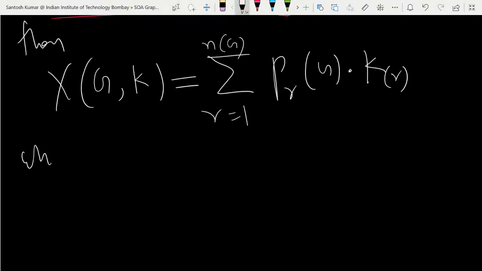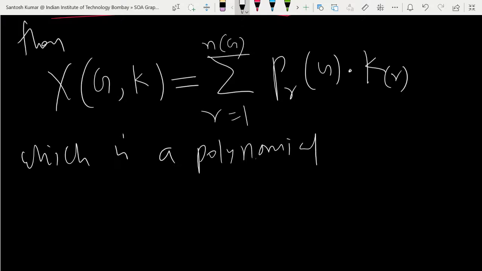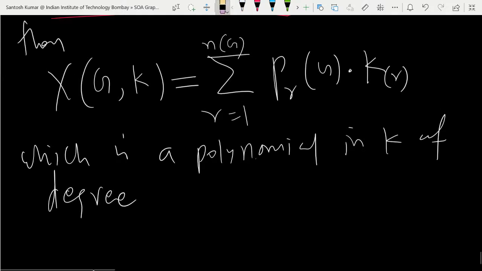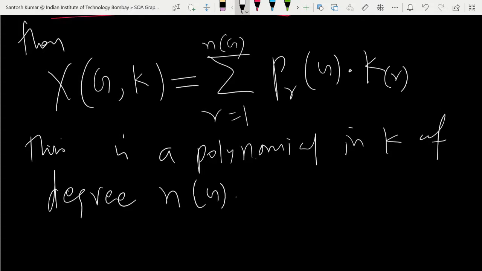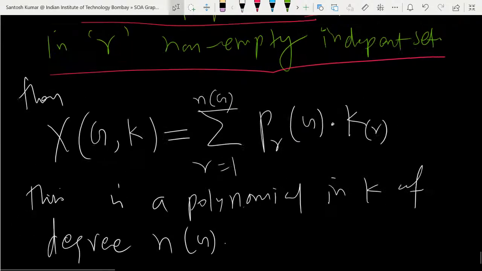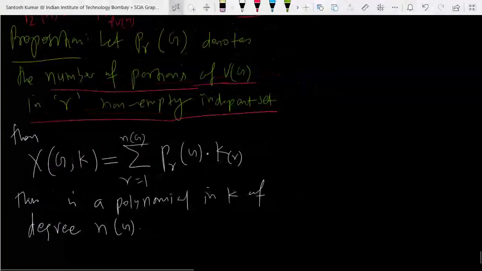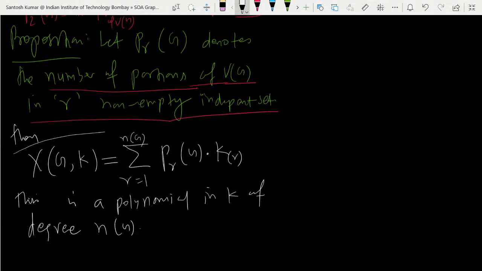So you can say this is a polynomial in K of degree equal to the number of vertices, or order, of the graph. Okay, so this is a proposition. We can convert this into a polynomial.